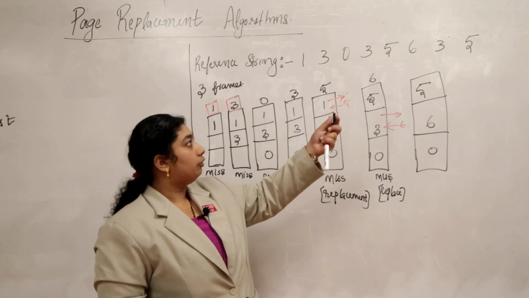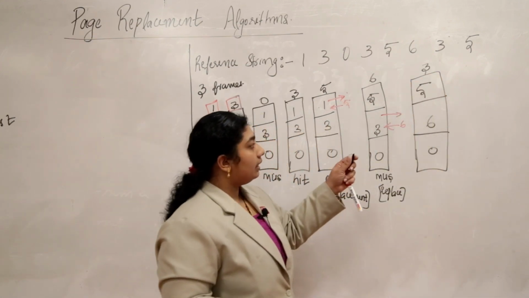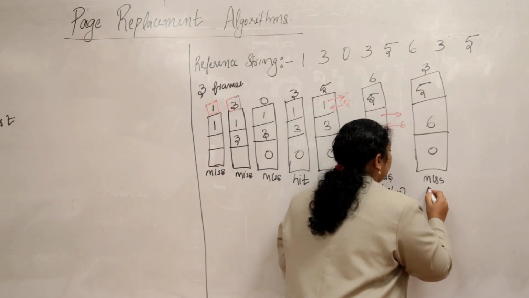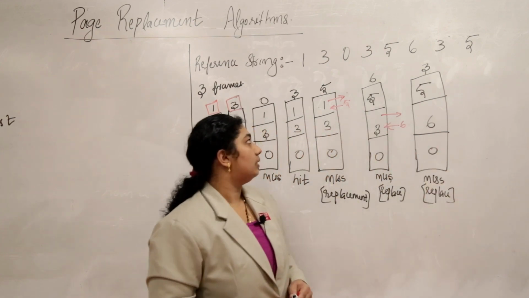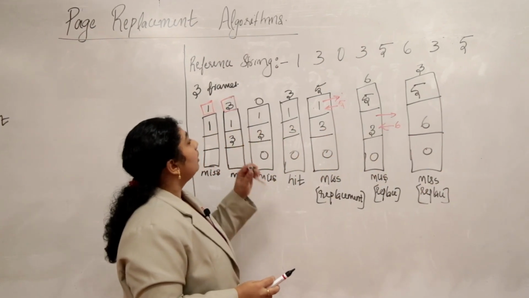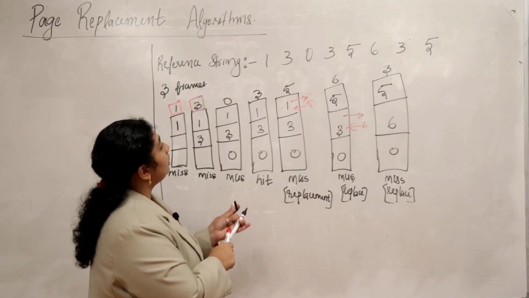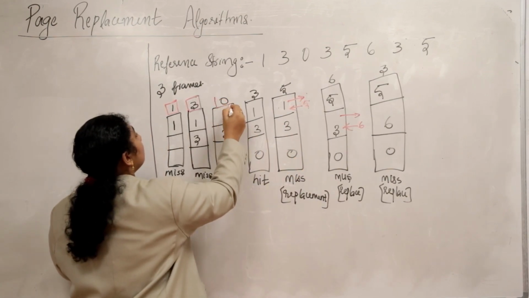Again we go for the next request. Next requested value is 3. 3 is not present in the physical memory, so it is a miss and we need a replacement as there is no free space. So again we check for the oldest page. The oldest page among 5, 6 and 0 is 0.